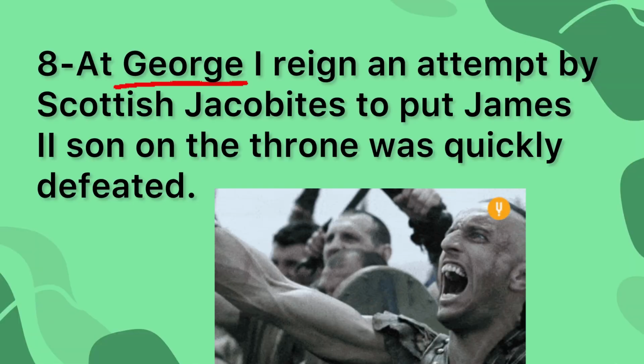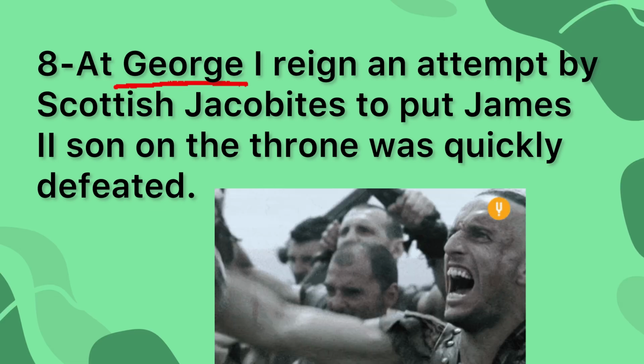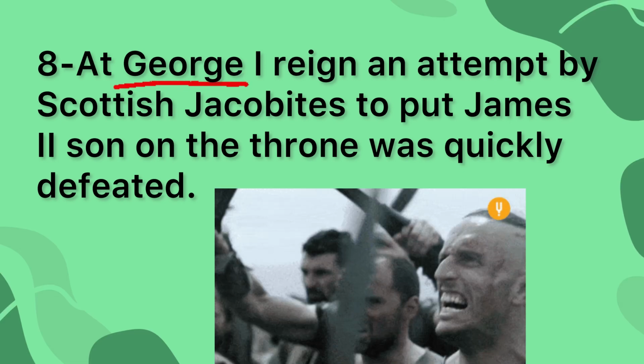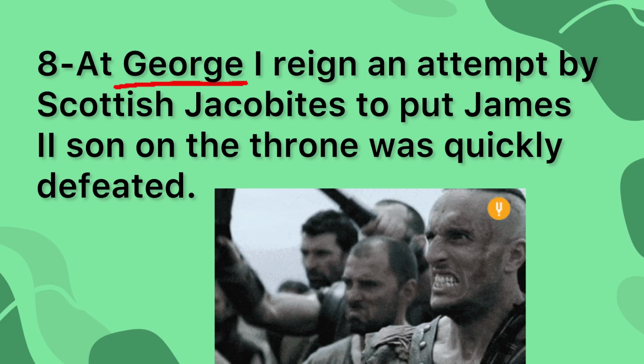During George I's reign, an attempt by Scottish Jacobites to put James II's son on the throne was quickly defeated.